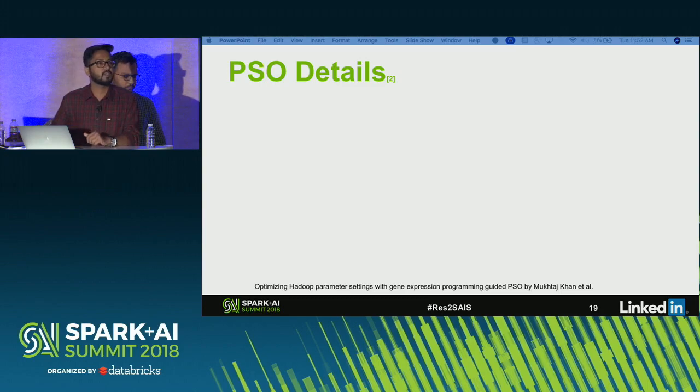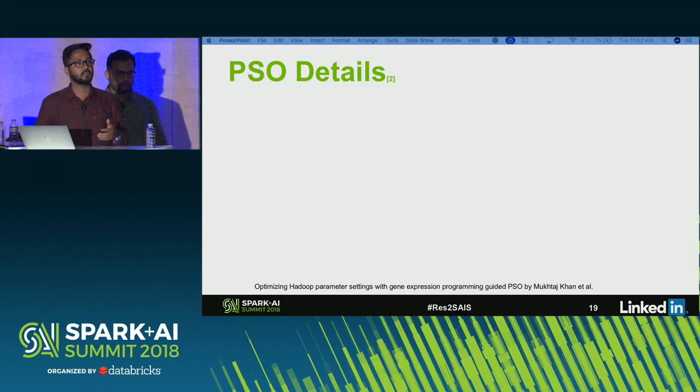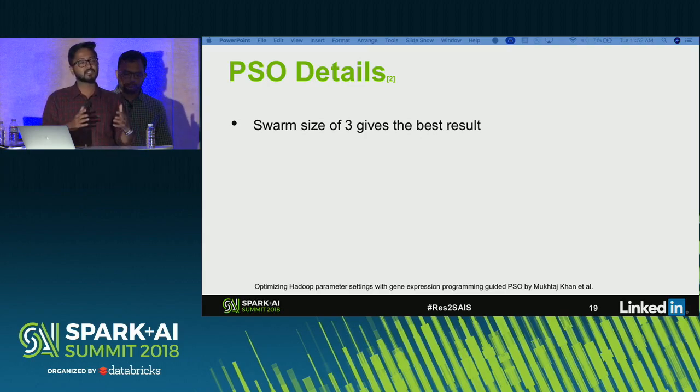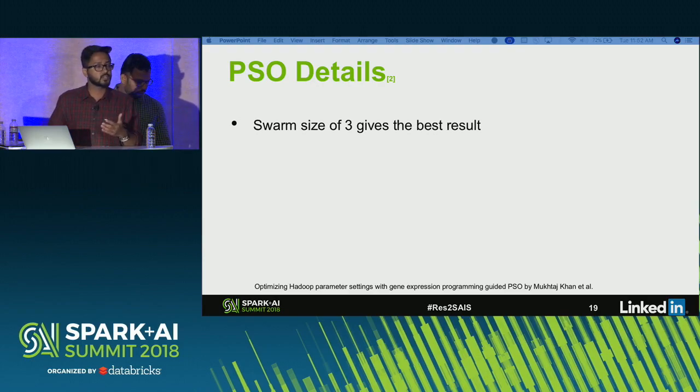Having fixed the algorithm, I'll come to the algorithmic hyperparameters which need to be set before starting the optimization process. The first hyperparameter is the swarm size, that is the number of birds or particles doing the search. The ideal value of swarm size should be n-1, where n is the search space dimension.